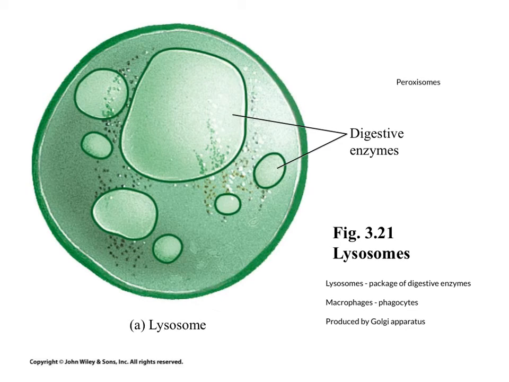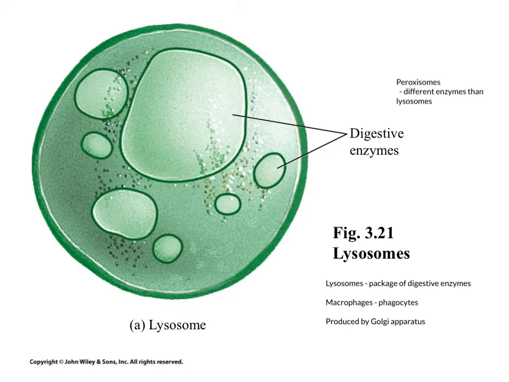Another type of vesicle that's inside of the cell besides the lysosomes is something called a peroxisome. Peroxisomes look like lysosomes, but they have different enzymes inside of them. So different enzymes than lysosomes, okay?